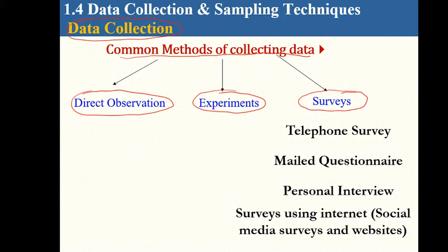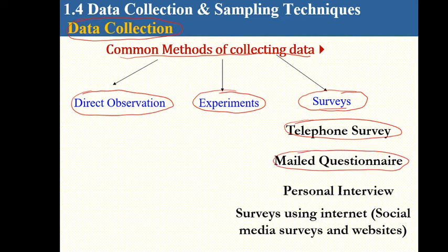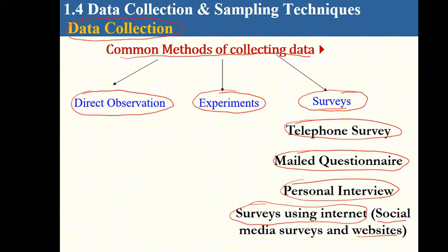You ask them. The most common methods are telephone survey, mailed questionnaire, and personal interview. And nowadays, surveys using the internet are popular, like websites such as SurveyMonkey and social media surveys.